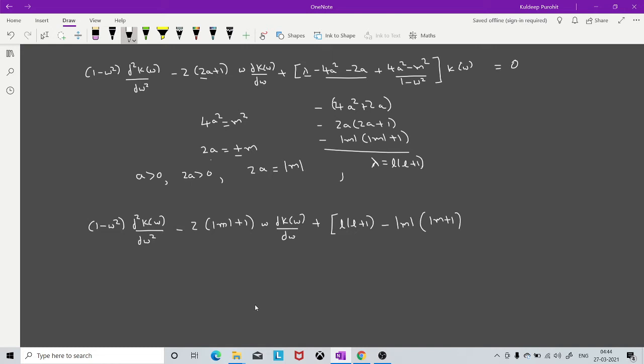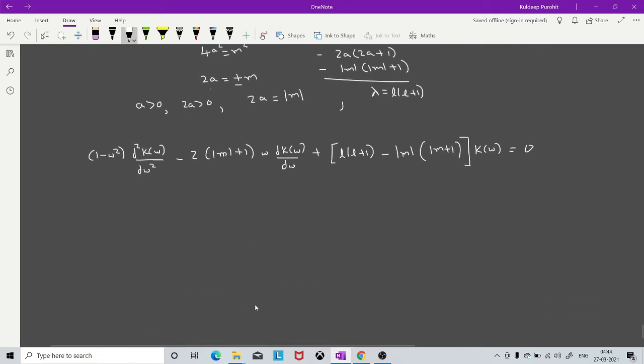And this term, since we have taken 4a square is equal to m square, this entire term will go to 0, k of omega equal to 0. Okay, so now this is an important equation, and let me make this in the box.